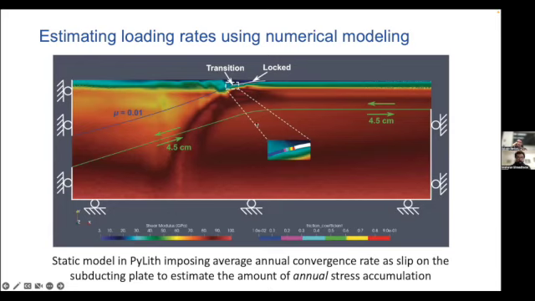The locked portion of the fault is the super shallow portion right here, which represents a depth of up to 15-ish kilometers. So the way we do this is we implement this as a static numerical model with layered heterogeneous elastic properties and impose the total annual convergence, so about 50 millimeters, as slip on the subducting plate, so that the stress accumulated at the shallow locked portion of the interface gives us the stress accumulation number that represents an annual stressing rate.